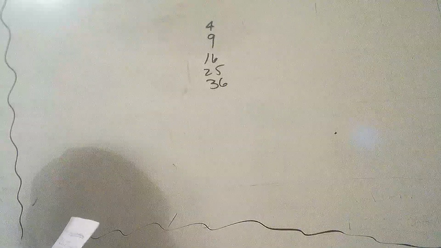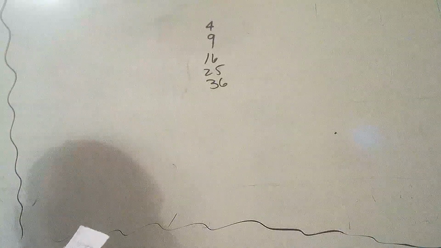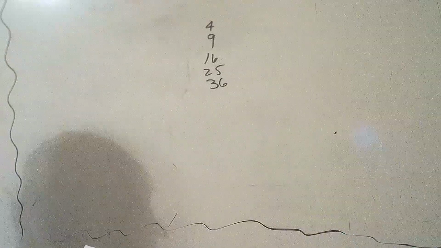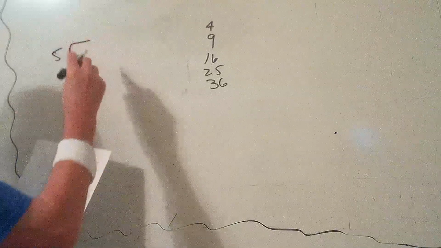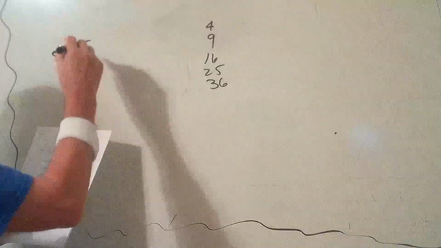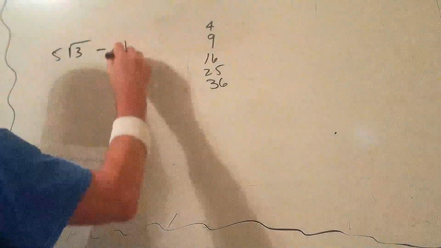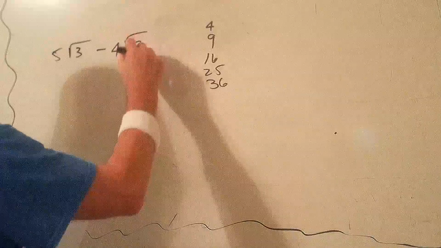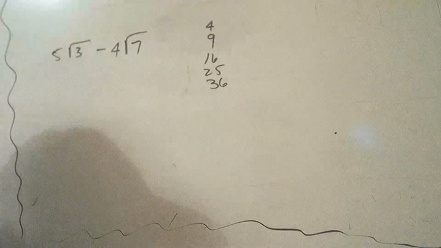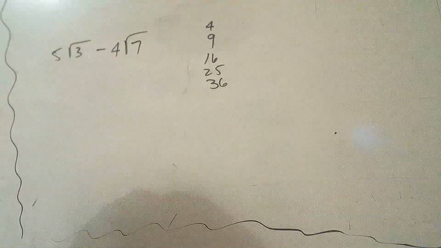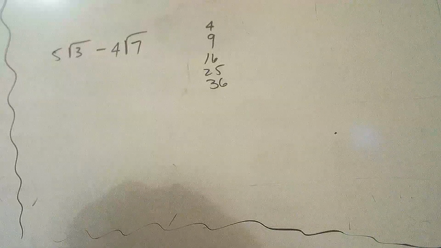Okay, what about this? If we have 5 times the square root of 3 minus 4 times the square root of 7. Now both 3 and 7 are prime numbers. They cannot be factored, right?